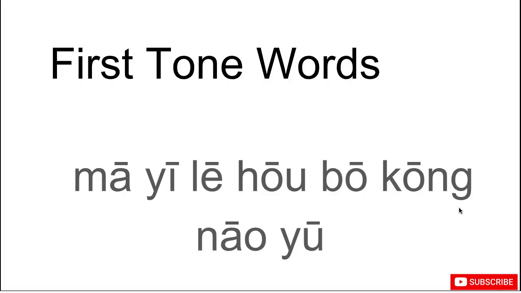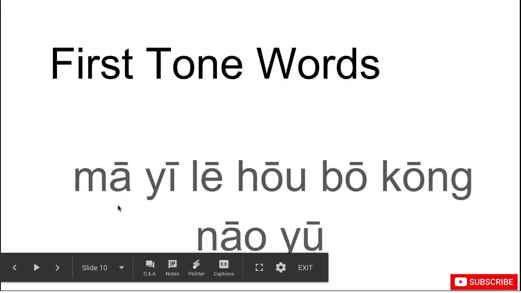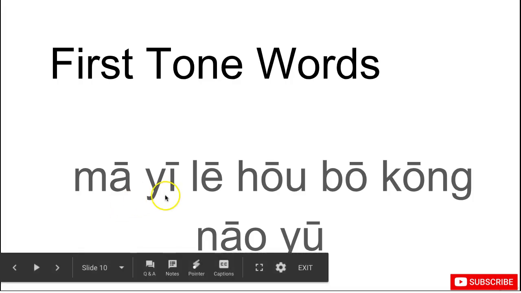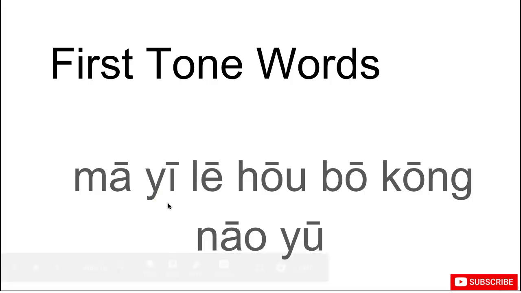So can we pronounce these words? Let us say each of them 3 to 6 times so that you can get it. The first one is ma, ma, ma, ma, ma, ma. Can you guess what the second one is? Try and pronounce it yourself before I give my own pronunciation. So let's go. Yi, yi, yi, yi, yi, yi.